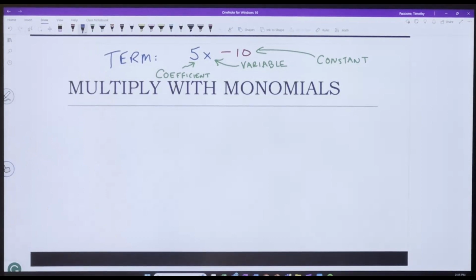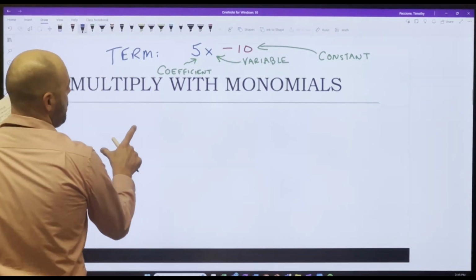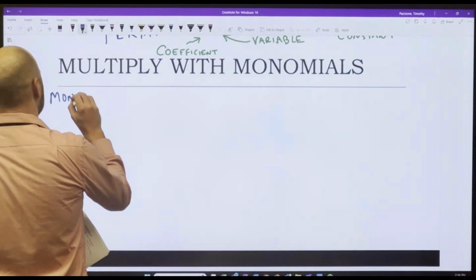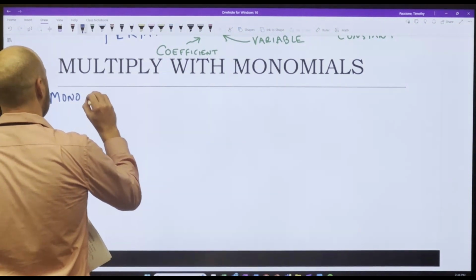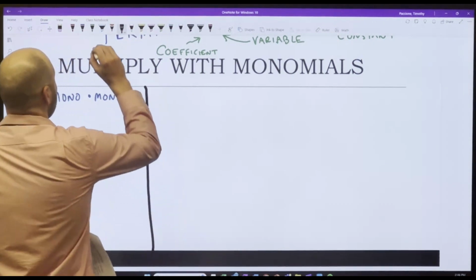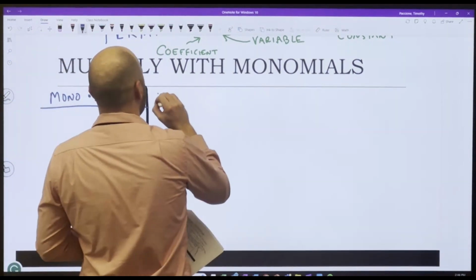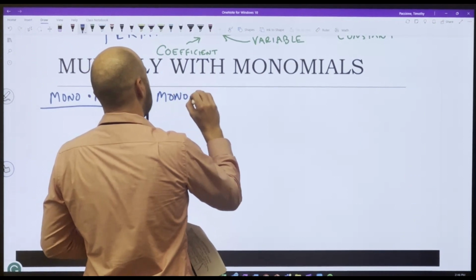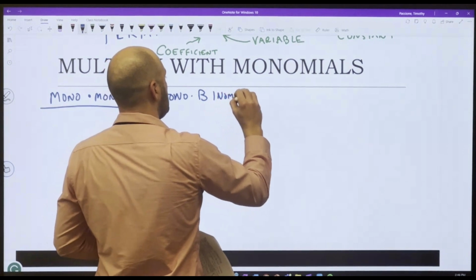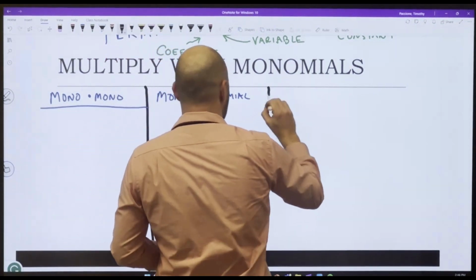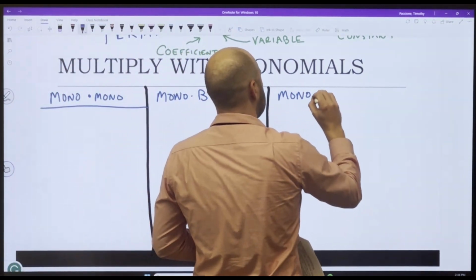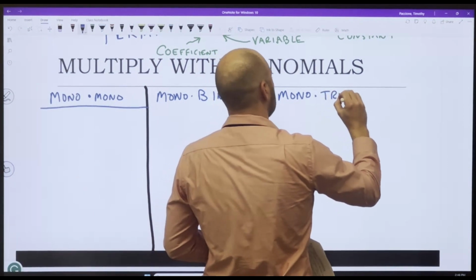Now, there's 3 situations for multiplying monomials, okay? You have mono times mono, mono times binomial, and mono times trinomial.